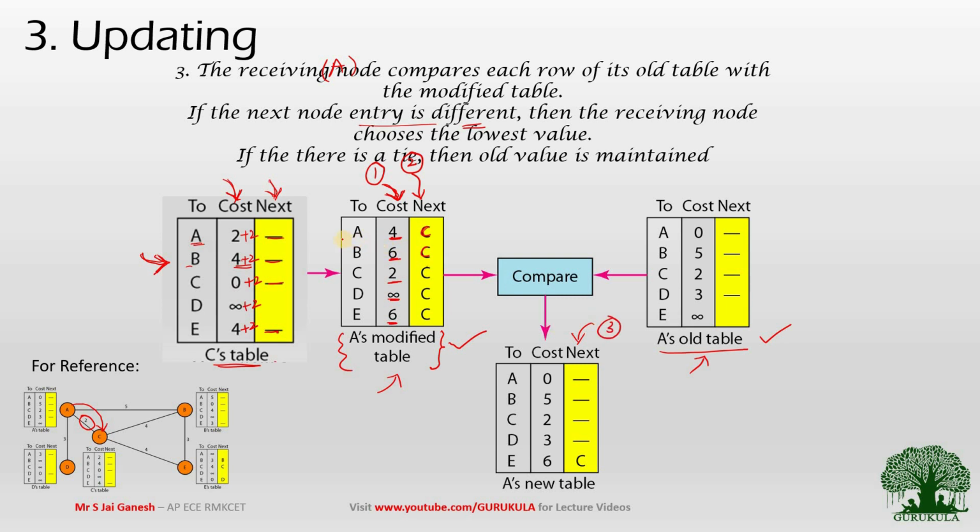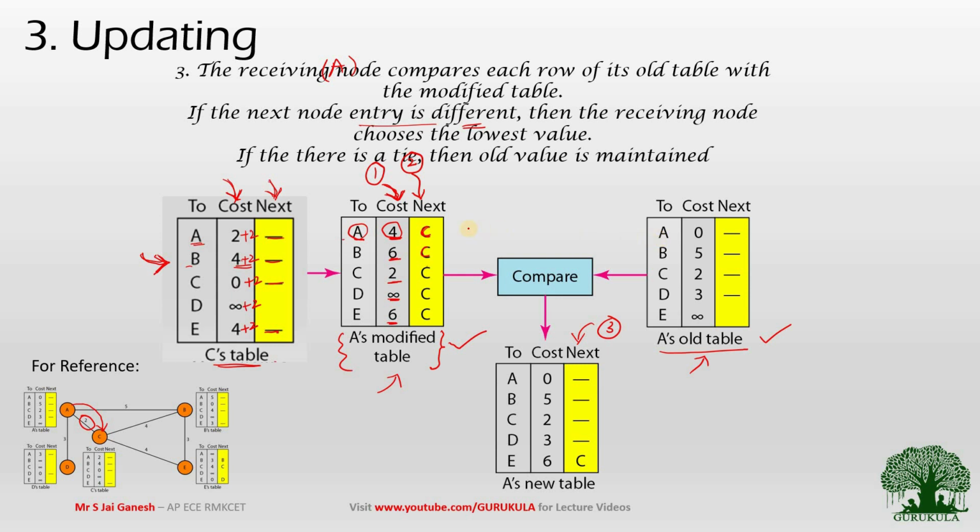So how do we compare? The destination is A. A can reach A with a cost of 4 via C. This is what the first entry says. But in the previous table, A can reach A with a cost of 0. The entry with the lowest cost will always be selected.